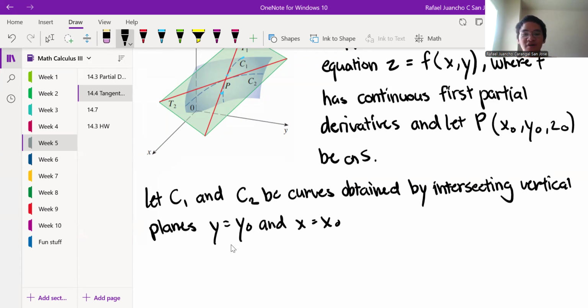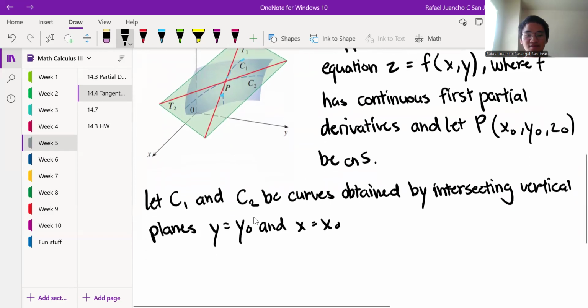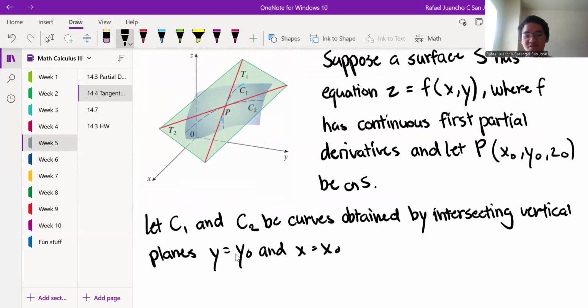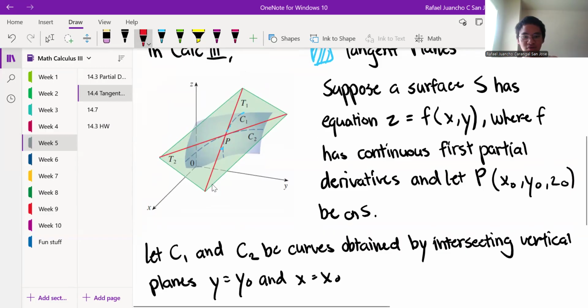So that's how we were able to obtain these two. We were able to find a plane that's specifically at y naught and x naught. So let me quickly draw this. So at y naught, this is the point, right? It has some x naught, y naught, z naught. So let me just go down. If I go down, that's the y, that's the x.